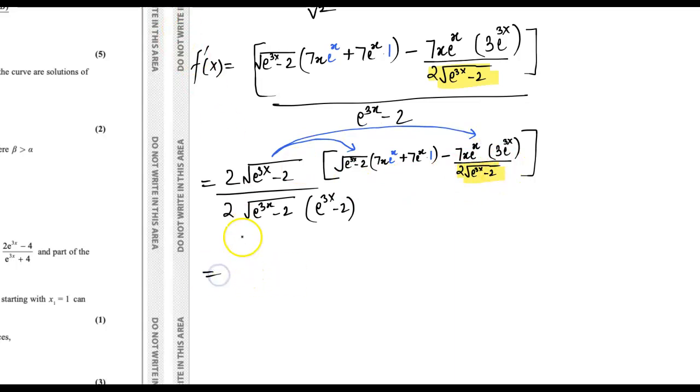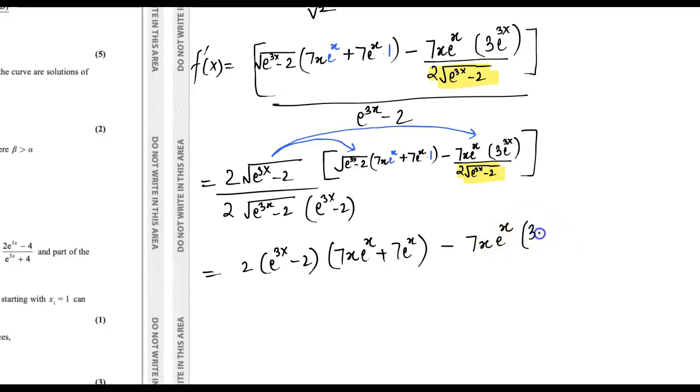So we will be having over here 2 e to the power 3x minus 2, 7x e to the power x plus 7 e to the power x minus 7x e to the power x and 3 e to the power x. This is cancelled. And whole over, we have got 2 e to the power 3x minus 2.